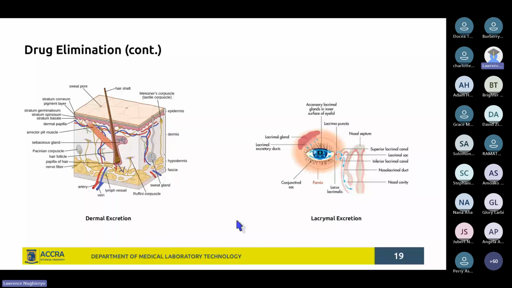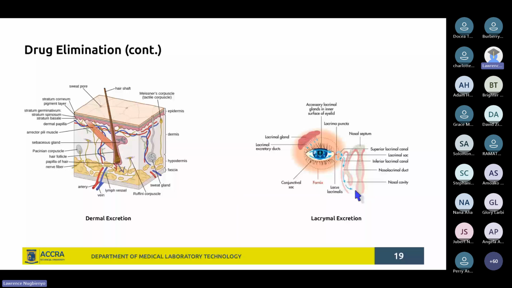Or you have some drugs that can get excreted through tears coming from the eyes. That's lacrimal excretion. So you have the lacrimal gland secreting the tears onto the eyes. And even some of the tears can go through the nostrils coming down.